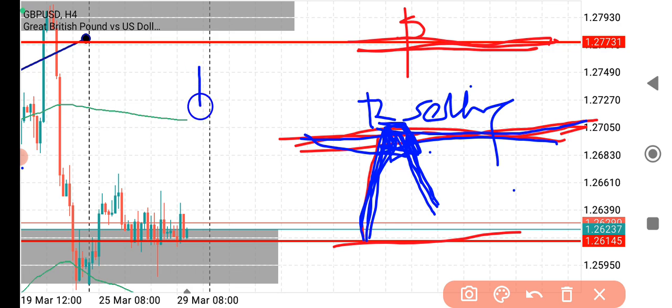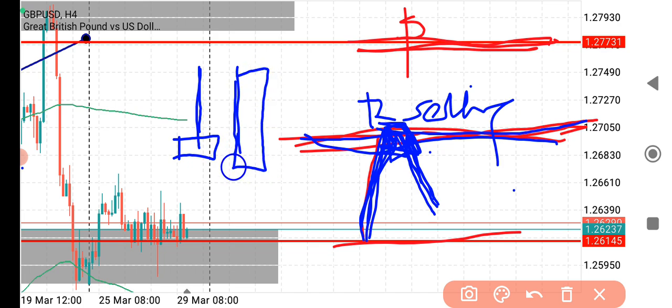We want to see either a hammer or an engulfing candlestick. We want to see a hammer or a bearish candlestick, or we want to see an evening star formation in this zone in order to give us a reversal.